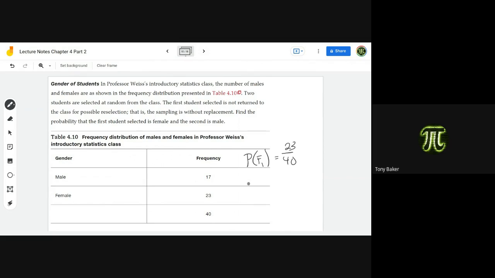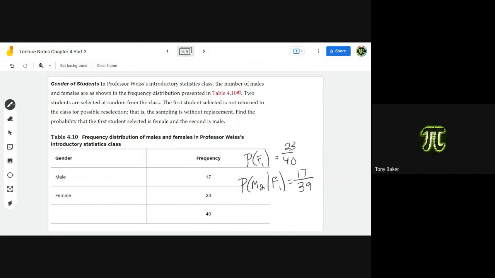So now I have a conditional probability. Even though it's a very basic conditional probability, because I'm just removing one, it is still technically a conditional probability. Because I'm not replacing, it's written as the probability of male 2 given female 1 is 17 out of 39, because now I've already taken one of those females away, so I only have 39 left in the class.